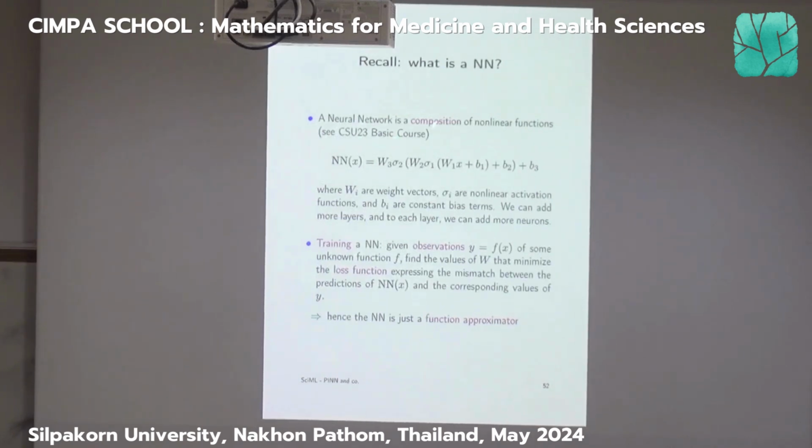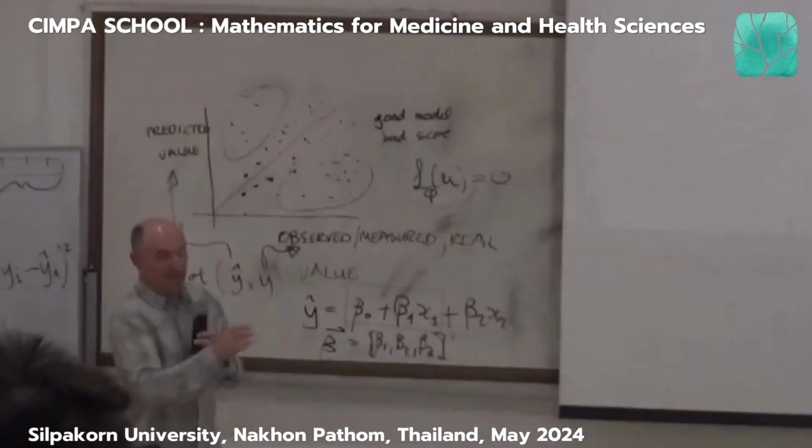So what is a neural network? In fact, it's very, very simple. You can look at my course here. It's just a composition. I take a neural network with three neurons. It's just a composition of a scalar product between the weight and the x plus a constant term. So this is just a linear polynomial, wx plus b. It's like ax plus b. And I use that as the basic building block of a neural network.